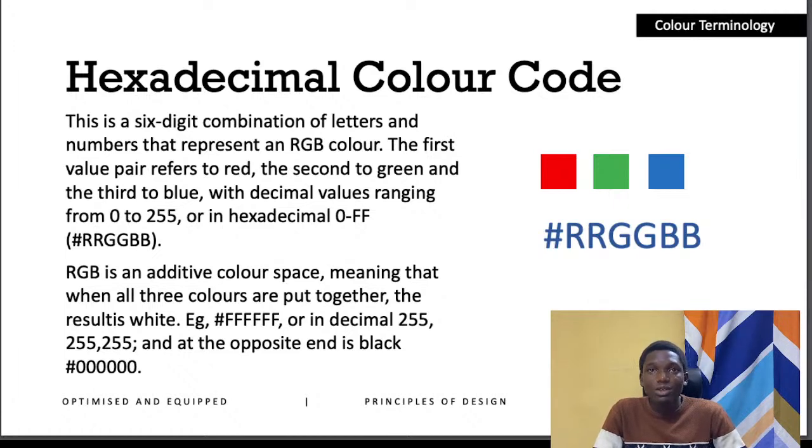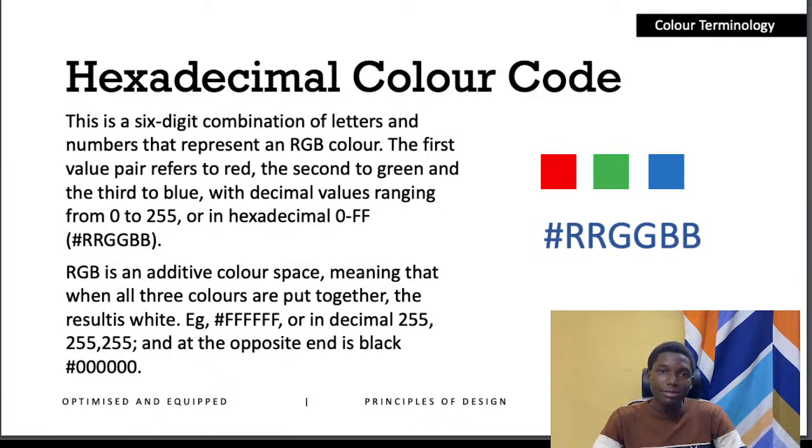So as to get familiar with these terminologies, it's very important that we learn the hexadecimal color code. The hexadecimal color code is a 6-digit color code. For every color to be produced, there is the addition of alphabets and numbers to bring out that specific color code.